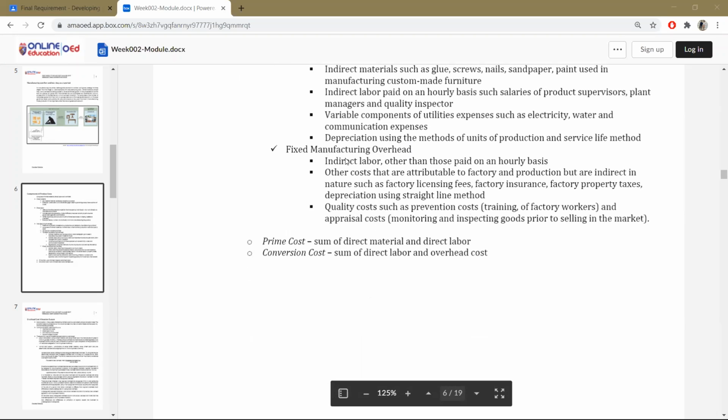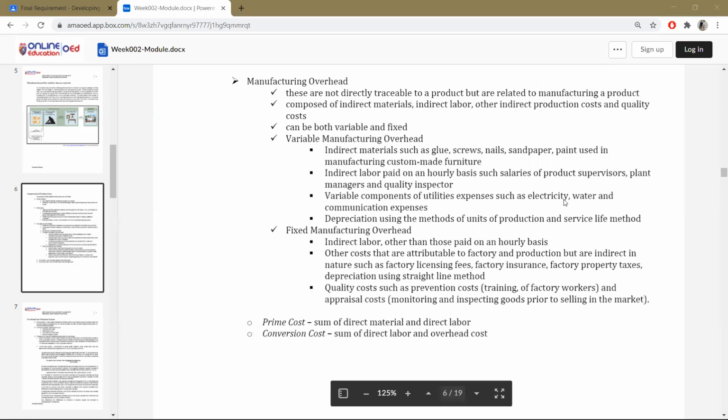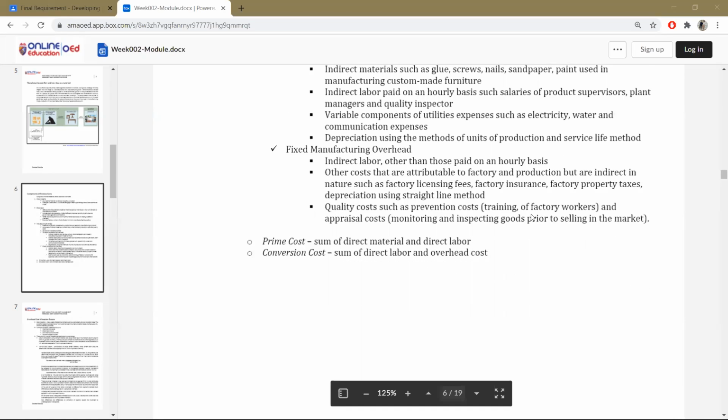On the other hand, we have the fixed manufacturing overhead. An example is indirect labor if it is not paid on an hourly basis. For example, our supervisor, our quality inspector or product supervisor are not paid on an hourly basis, but on a monthly basis. So it will form part of the fixed manufacturing overhead because their type of salary is fixed, not based on hours.